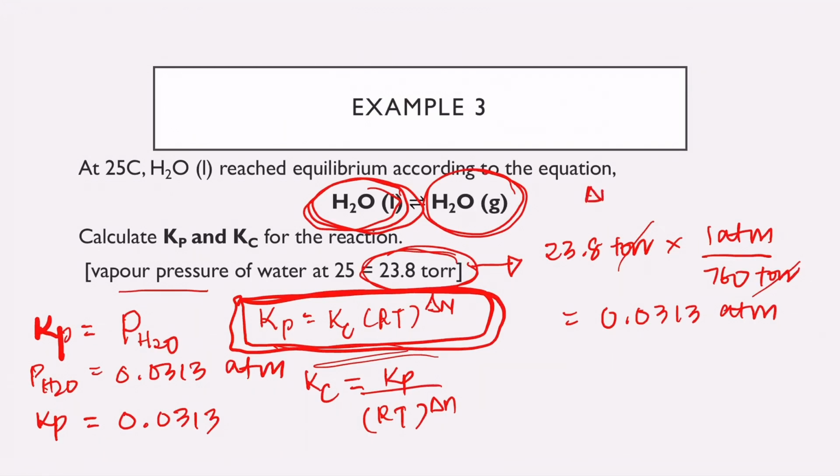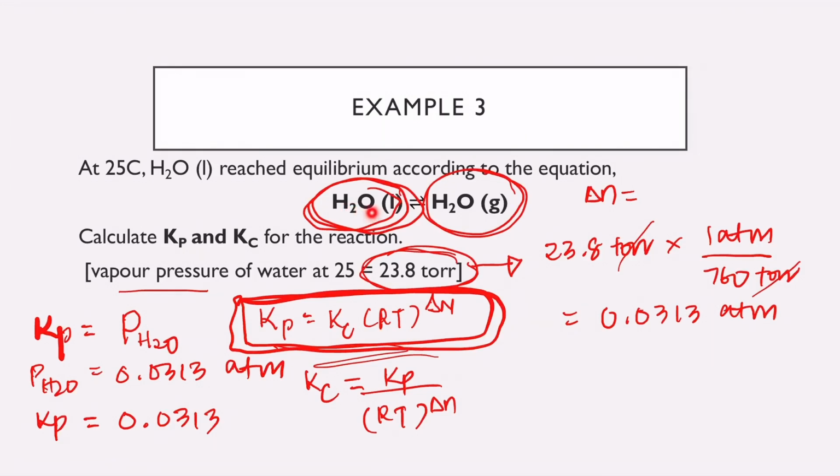What is your delta N? Delta N is the number of moles of your products minus the number of moles of your reactants. But in this case, we are not going to include liquid, your pure substance, because it has no effect on your equilibrium constant.